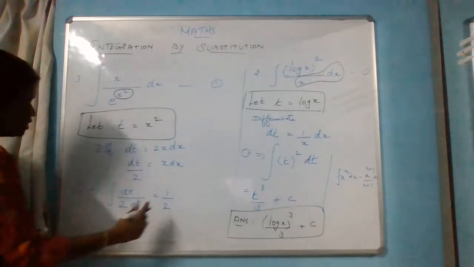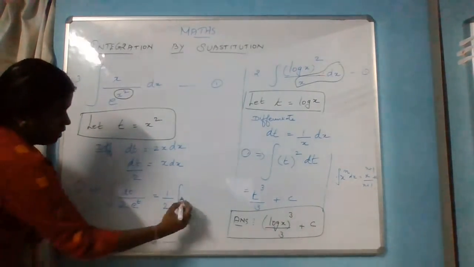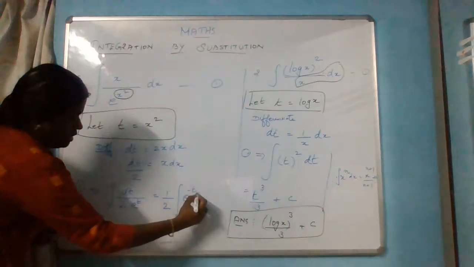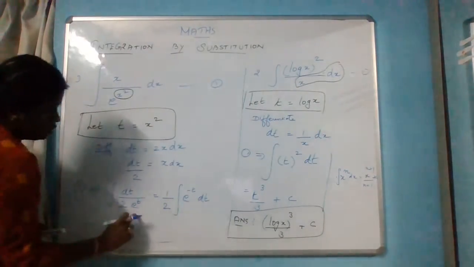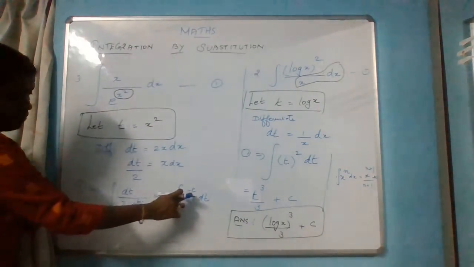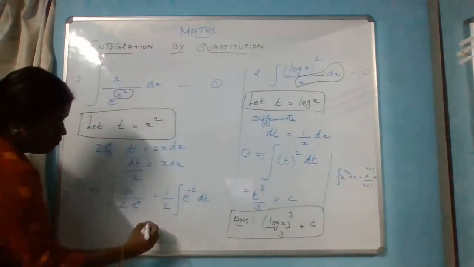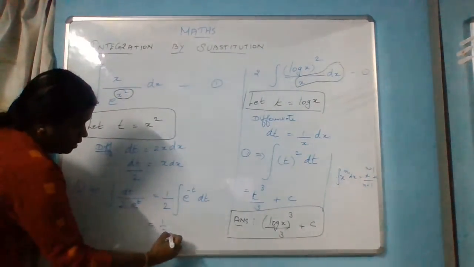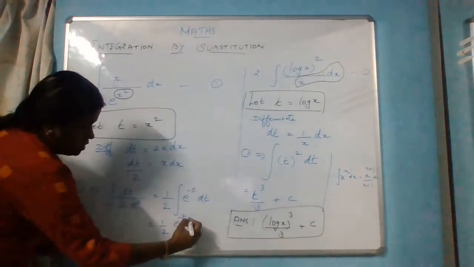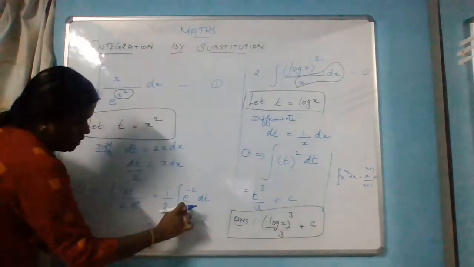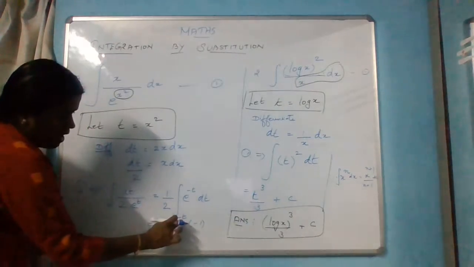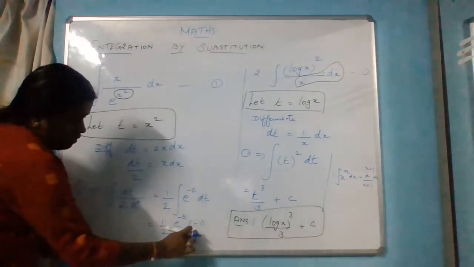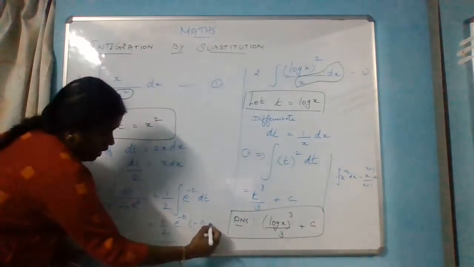So 1 by 2 is brought out, and this 1 by e power t can be written as e power minus t into dt, which is nothing but integral e power minus t. It is nothing but e power minus t into minus 1. So integral of e power x is e power x, and here you have minus t, so for that we are going to add minus 1 and plus c.